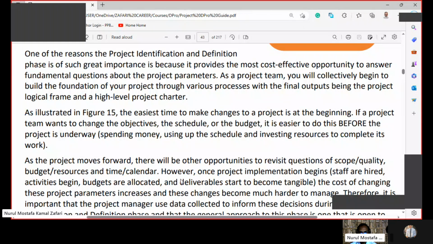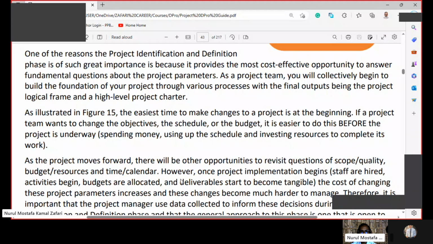As a project team, you will collectively begin to build the foundation of your project through various processes, with the final outputs being the project logical frame and a high-level project charter. As illustrated in figure 15, the easiest time to make changes to a project is at the beginning.